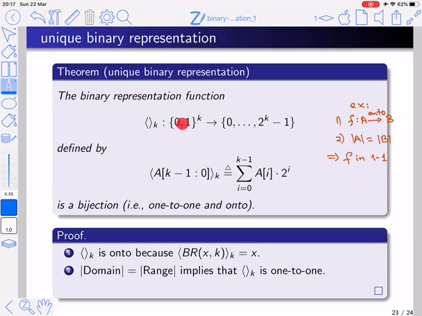Now, the domain contains 2 to the power of k elements. The range also contains 2 to the power of k elements, namely the cardinalities of the domain and the range are equal. And we have a function which is onto. We claim that this implies that the function is 1 to 1.